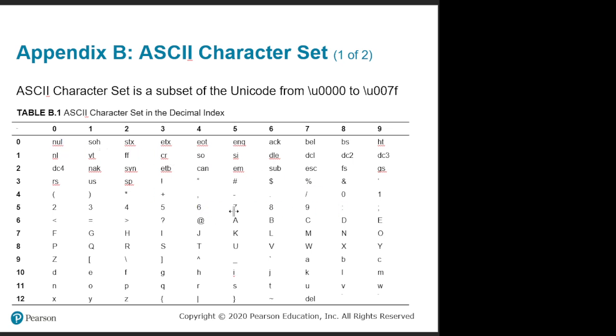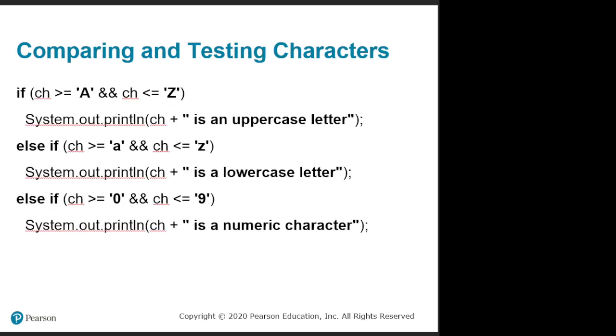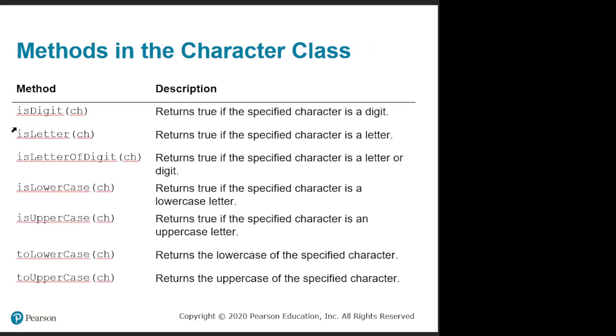So you can look at the character 5 being less than the character 7, and you have the ability to do comparisons on these based on the fact that they fall into a list and have order, especially since the alphabetical ones are subdivided. But to make this easier for us, Java has some methods that will do these comparisons.